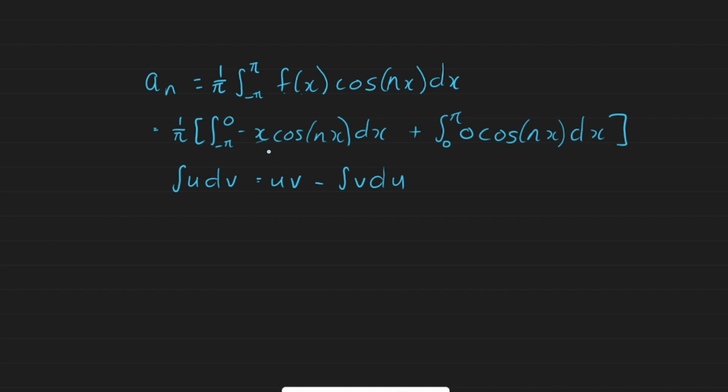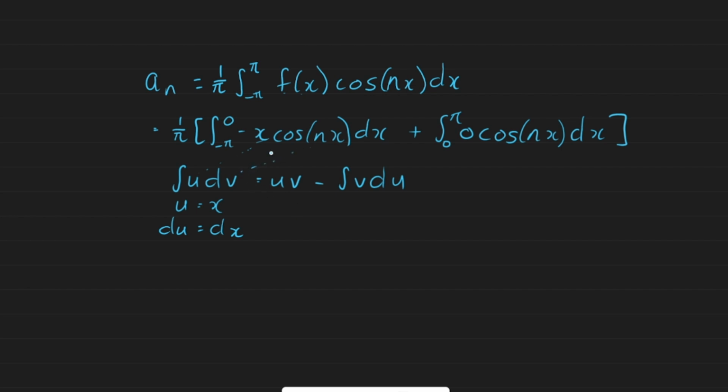So we essentially choose one function to differentiate and one function to integrate. So the function that we're going to differentiate is x. So that's what u is. So we'll say that u is equal to x. That means that du is equal to dx. And what we're going to integrate is dv.